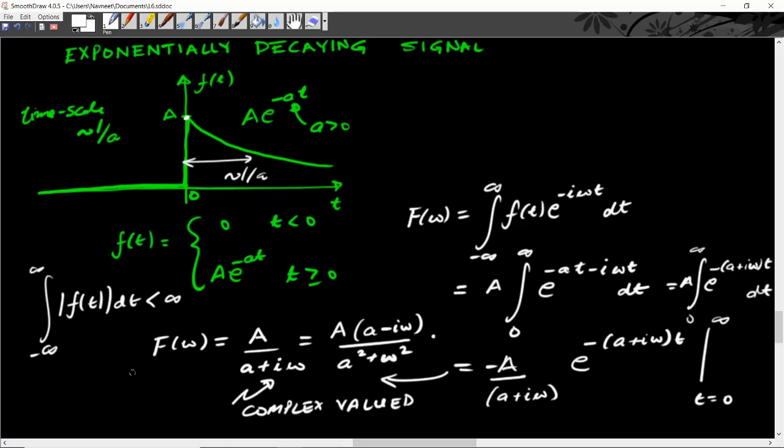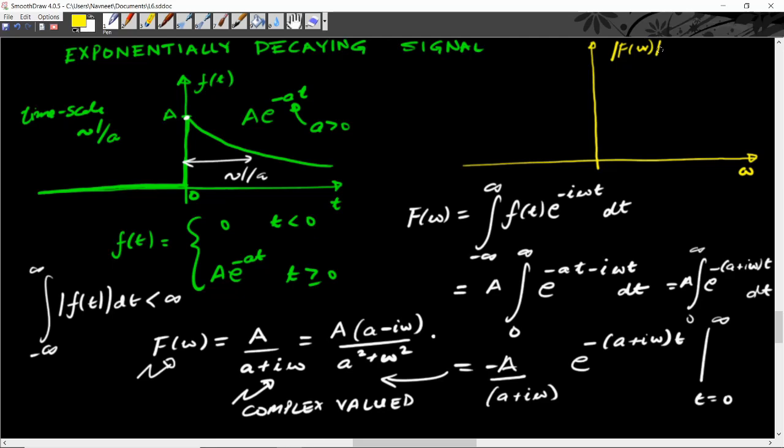Now, let's look at the plot of the Fourier transform of the exponentially decaying signal. Note that because the Fourier transform is complex valued, we cannot plot it directly. So we'll plot the magnitude of this Fourier transform.